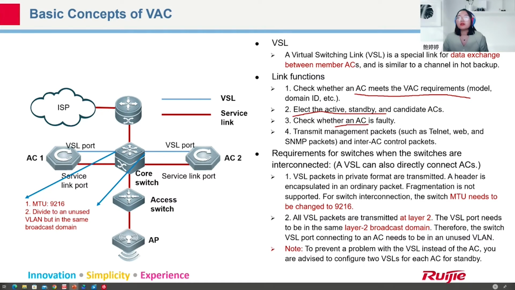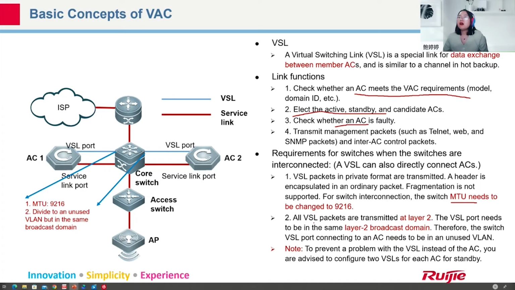That means on the switch you have to change the MTU value, the maximum transmission unit, to 9216. By default the value is 1500, and if I receive a big message I will fragment it into several pieces. But this message cannot be fragmented, so you have to change the MTU value to 9216.